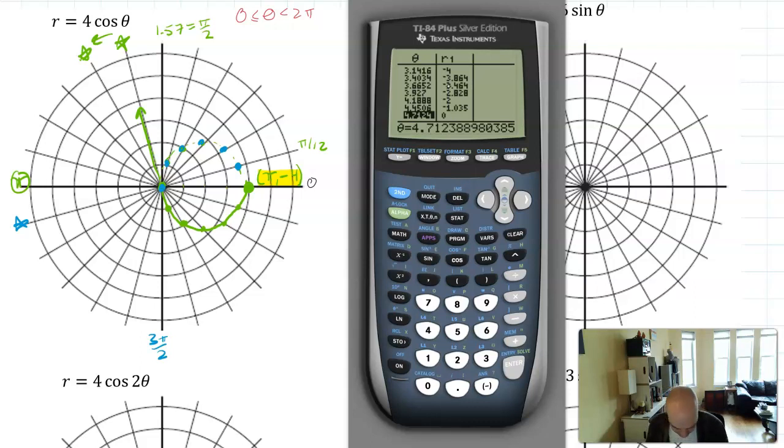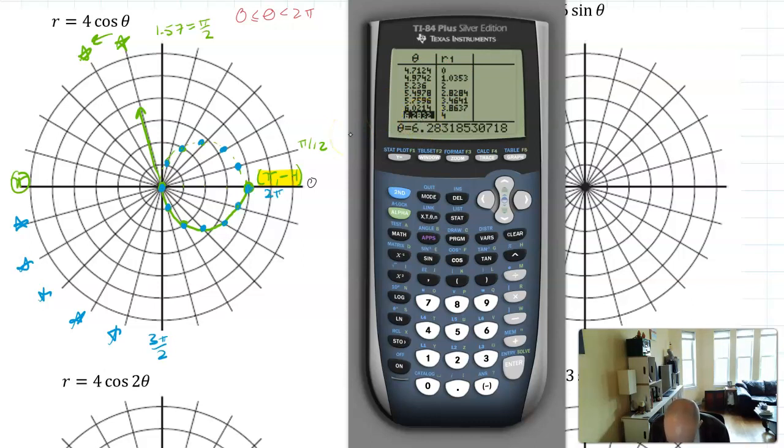And notice that it's tracing over the same values again, except with a negative radius. And then, weirdly enough, we go back to having positive radii in the fourth quadrant, and we're going to trace the bottom half of this circle over and over again. So, at this 4.9, it's 1.03, 2, 2.8, 3.4, 3.8, and then back to 4 at 2 pi.